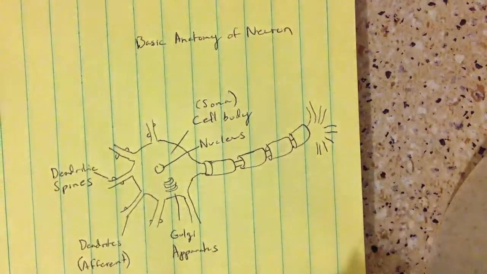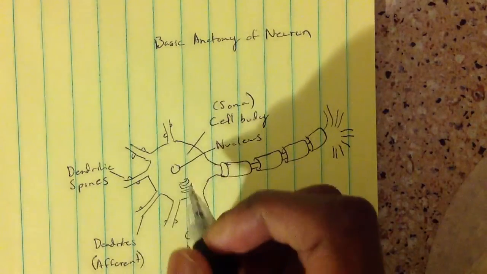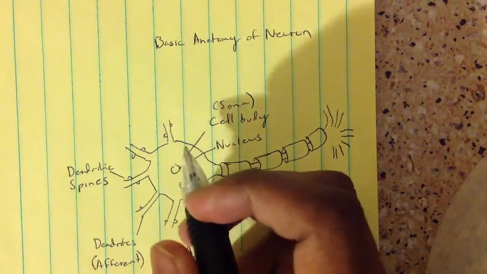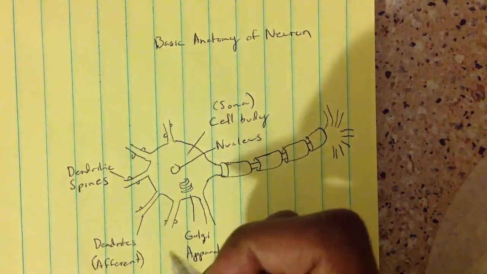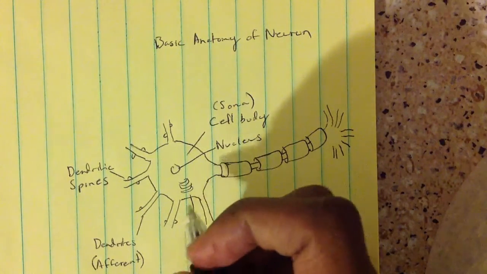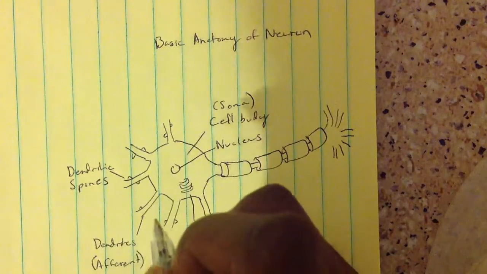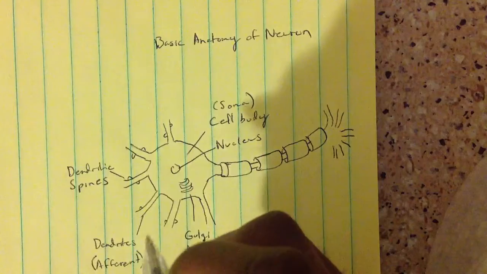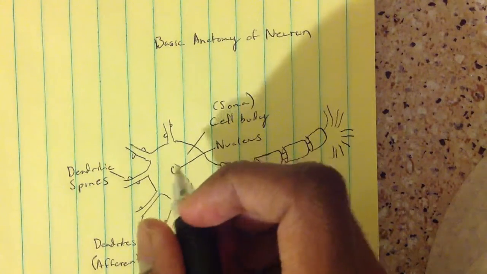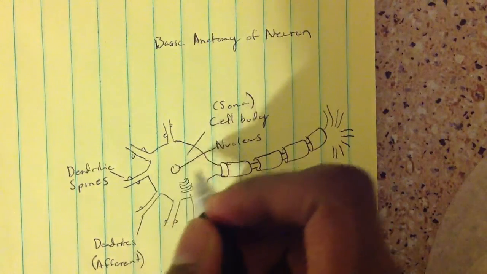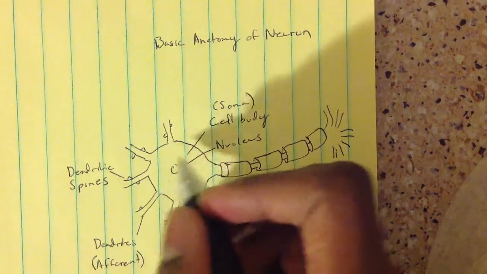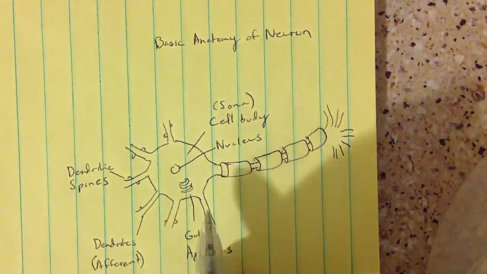Next, you have your rough and smooth ER, endoplasmic reticulum. Know that the rough ER is where ribosomes synthesize proteins, and your smooth ER just regulates the cell fluid inside.